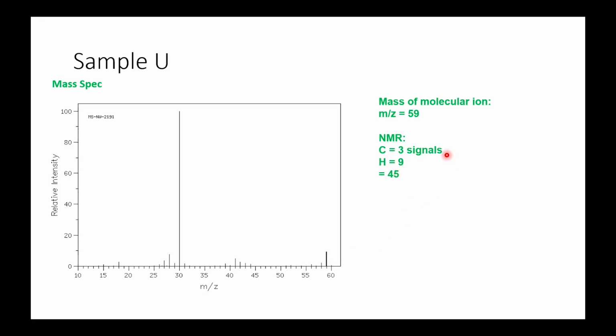If we take our 3 carbon signals and our 9 protons, this gives us a mass of 45, which means we're missing 14. And immediately this missing number, 14, is the atomic mass of nitrogen. So we probably have a nitrogen in our compound and no oxygen.